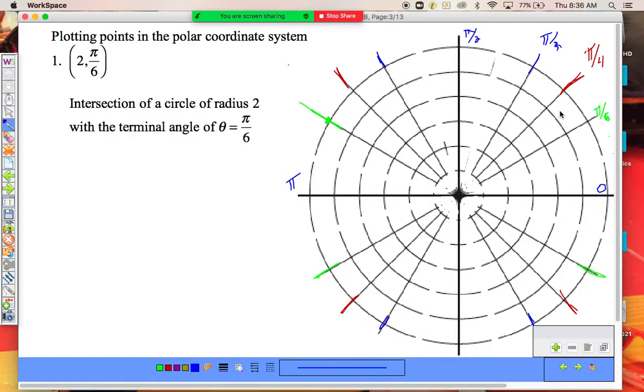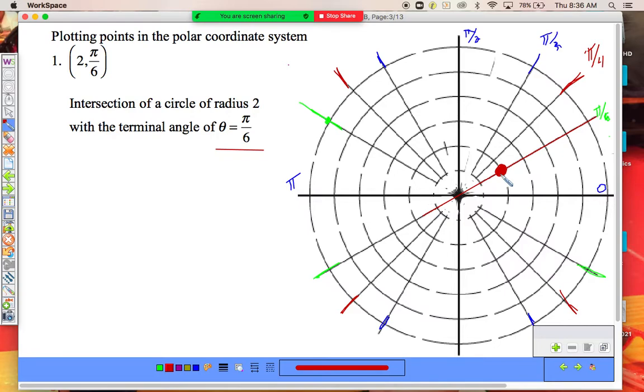So I'm going to find my angle pi over 6. I realize this angle here is my pi over 6 for this ordered pair. On that angle pi over 6, I'm going to count out 1, 2 circles and put my point.